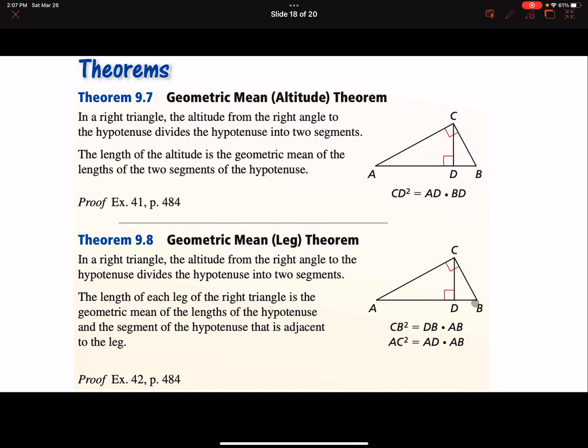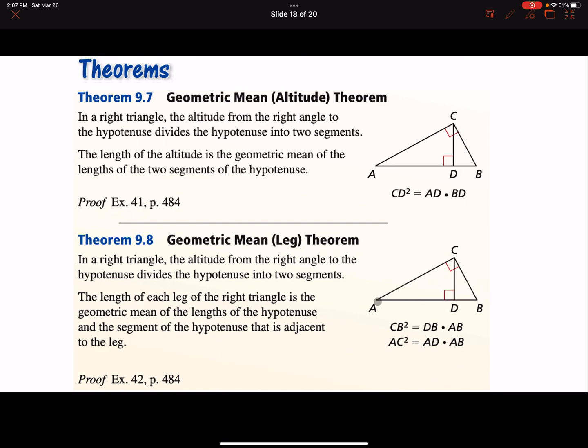Okay, so I'm going to take BD, multiply it by the whole hypotenuse, AB, and that should be equivalent to CB squared. Now, if I want to find AC, I'm still going to find the geometric mean between the adjacent side and the whole hypotenuse.